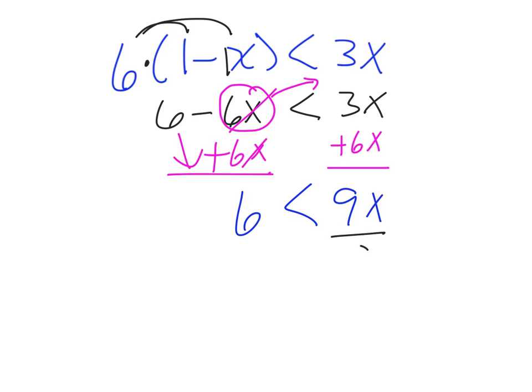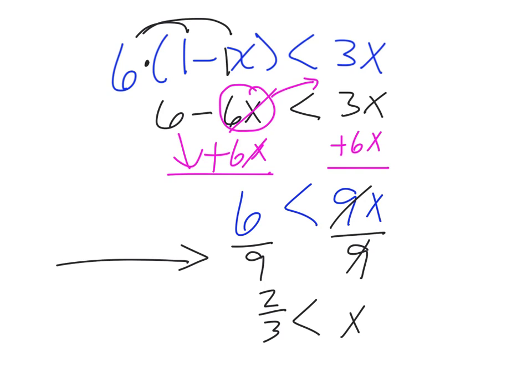I'm then going to divide by 9. And x is greater than 6 over 9, which reduces down to 2/3. Or if you want to do it as 0.6 repeating, that's fine, but not necessary. So I'm going to put 2/3 here. It's open, and all the numbers that are greater than, and be to the right.